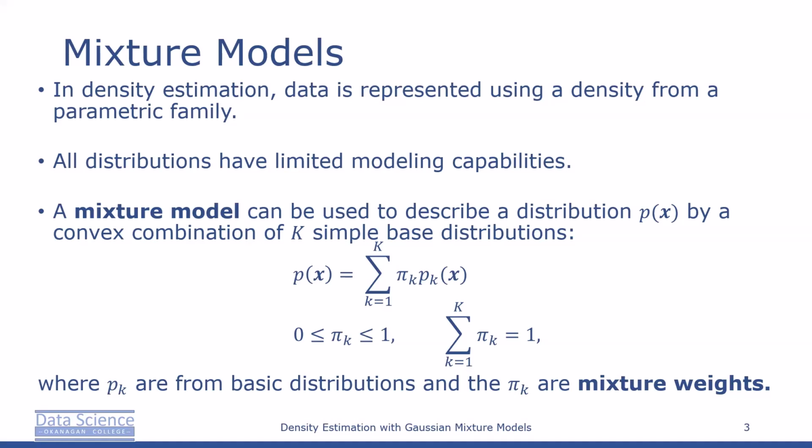Of course, these π_k's then have to be between 0 and 1, and the sum of the π_k's must equal 1. Mixture models are more expressive than the corresponding base distributions because they allow for multimodal data representations. That is, they can describe data sets with multiple clusters.